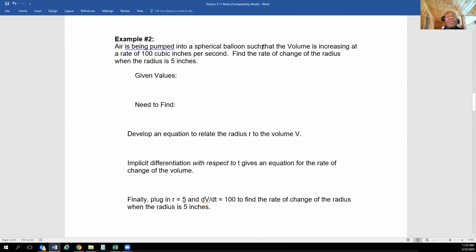All right, so now if we look at the problem, we're given the rate of change of the volume. So we're given dV/dt, which in this case is equal to 100 cubic inches per second.